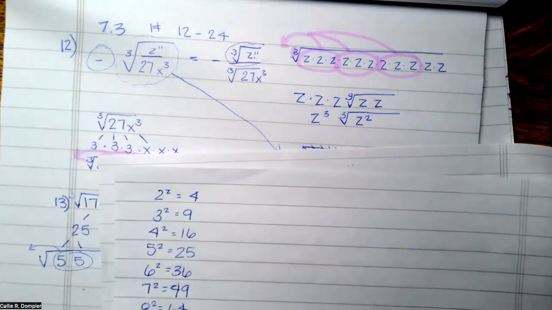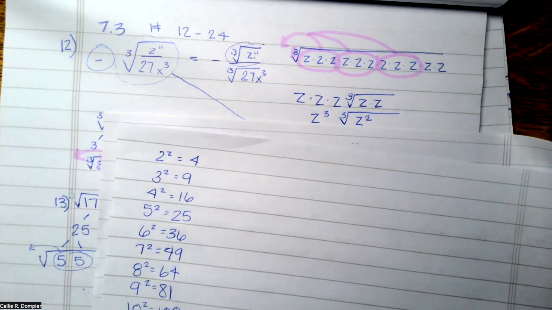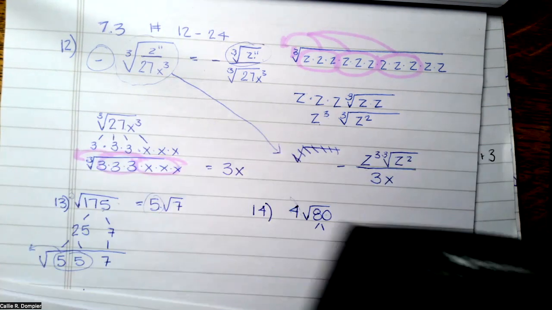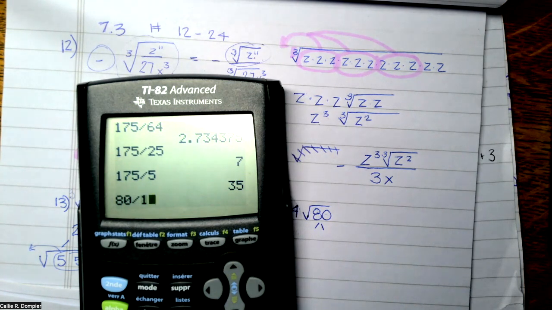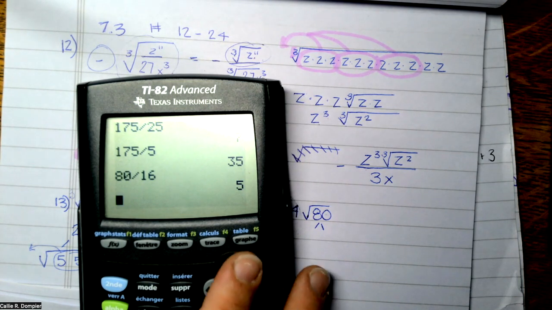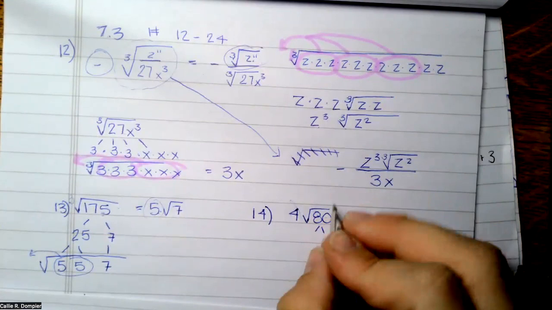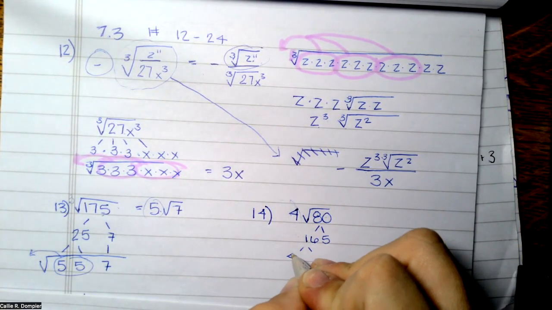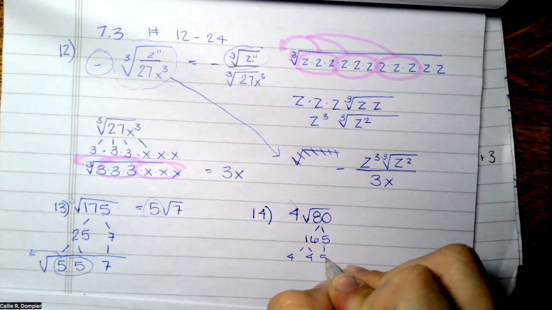We can look at our factor tree and say, can I see anything that 80 goes into? 4, right? Can you divide 80 by 16? Oh, you can. So we can say it's 16 and 5. 16 becomes 4 and 4, and 5 remains 5.